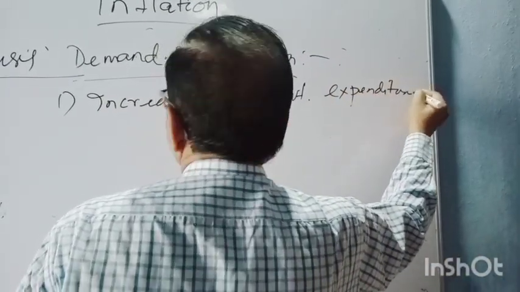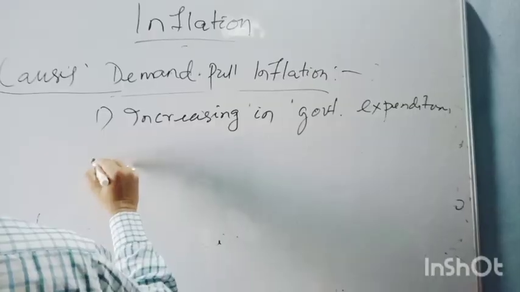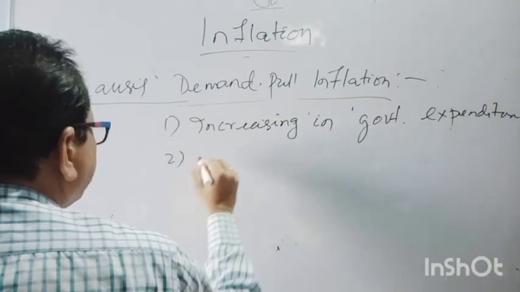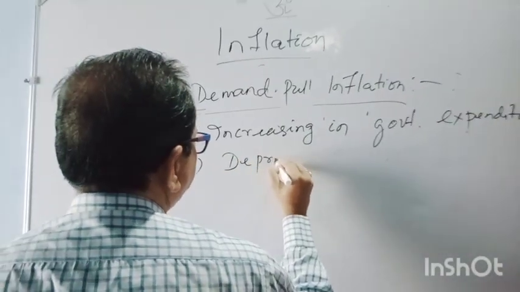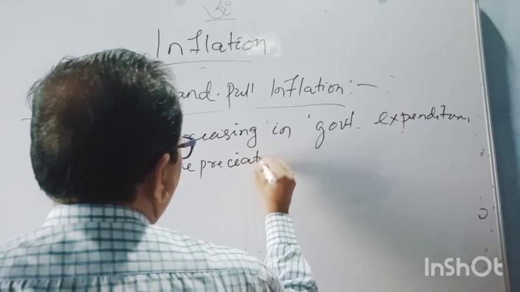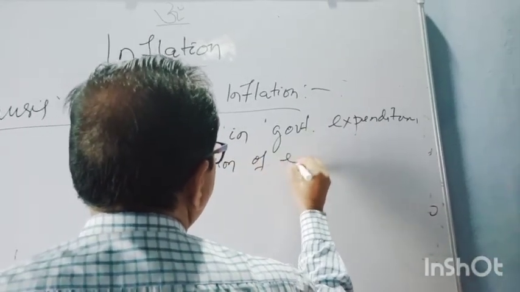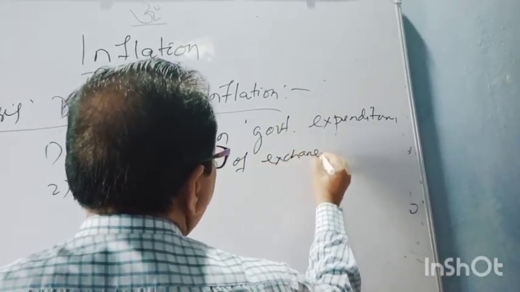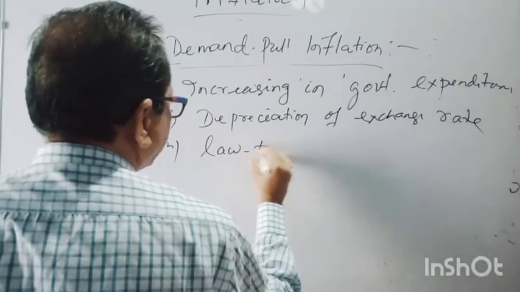Second one is depreciation of exchange rate. Third one is low taxes.